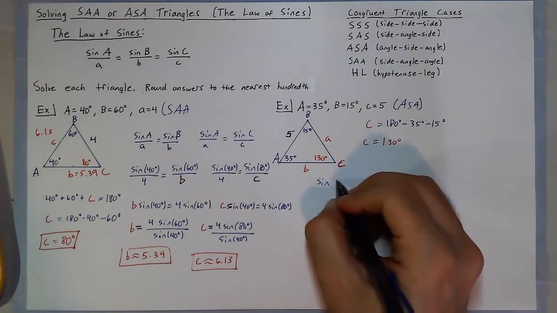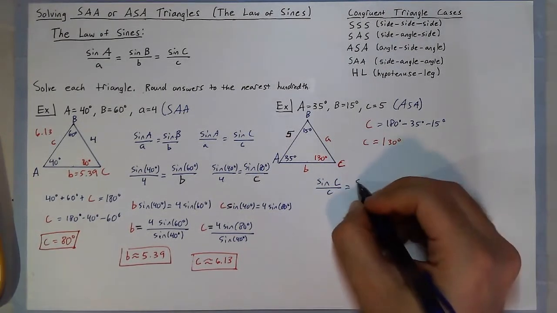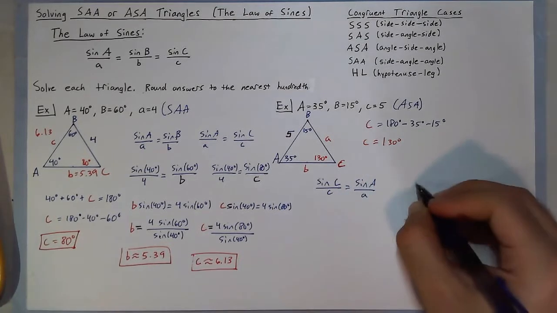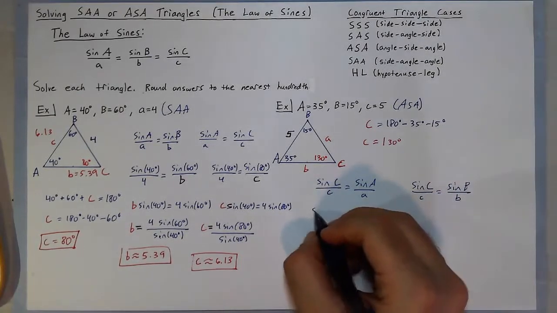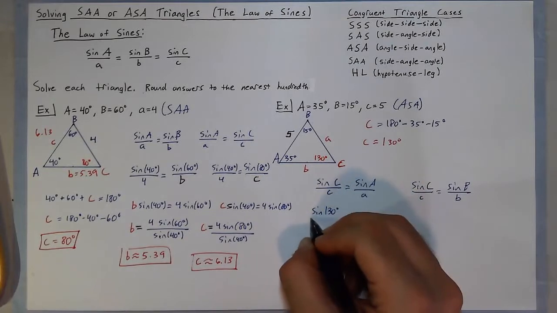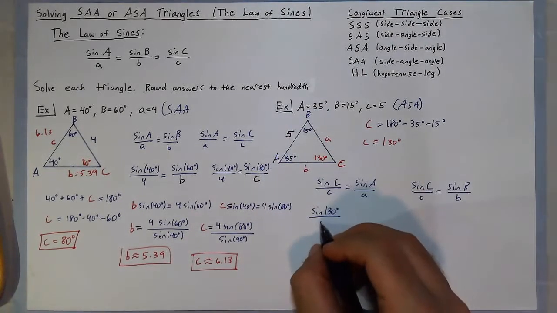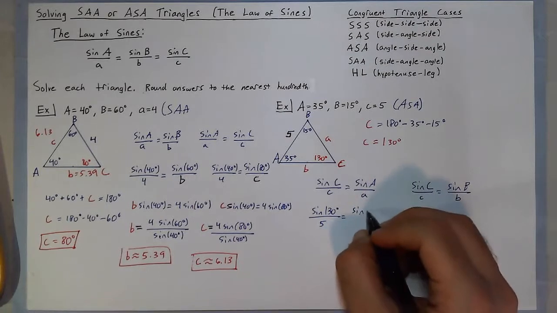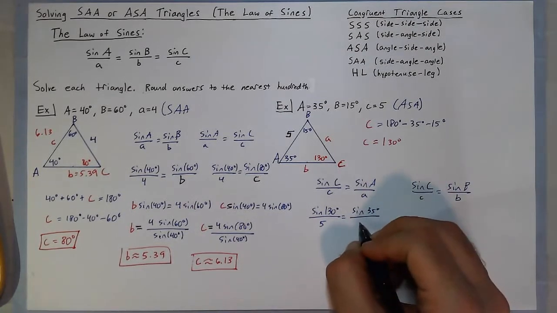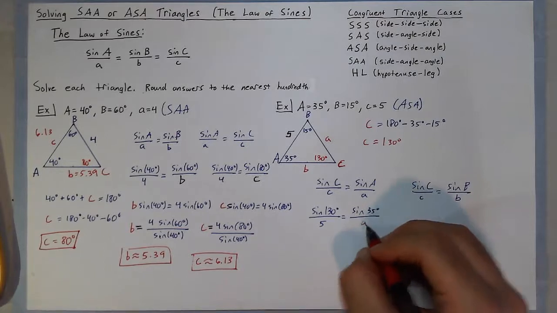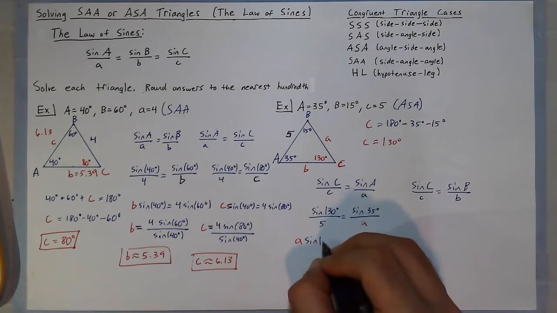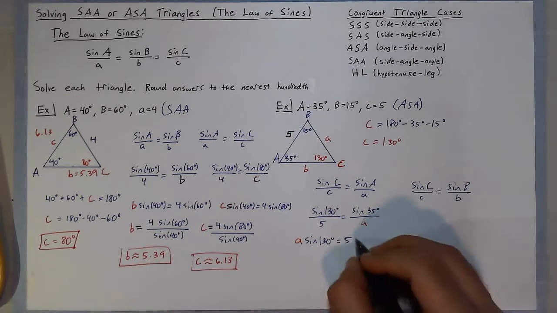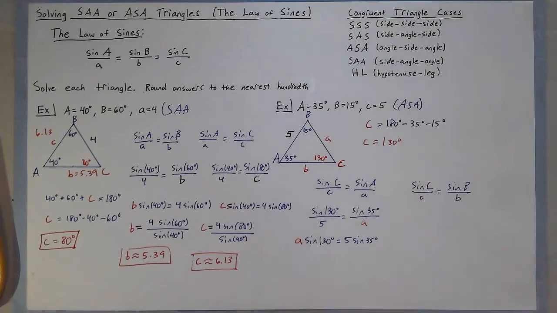So again, I have sine of C over C could be equal to sine of A over A, and sine of C over C could be equal to sine of B over B. So sine of 130 degrees over 5 is equal to sine of 35 degrees over A. Cross multiply, you get A sine of 130 degrees is equal to 5 sine of 35 degrees.